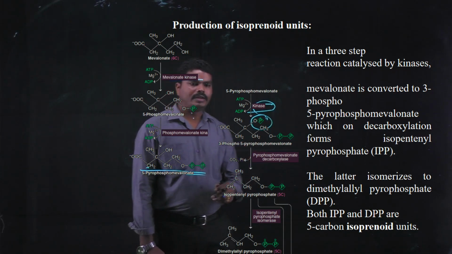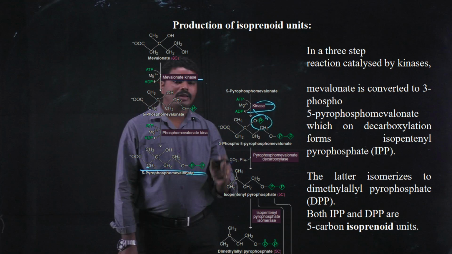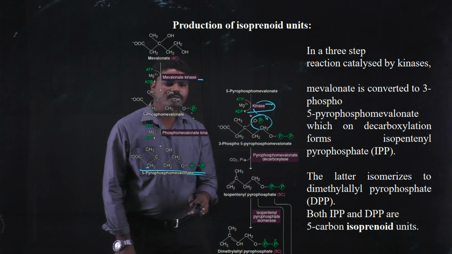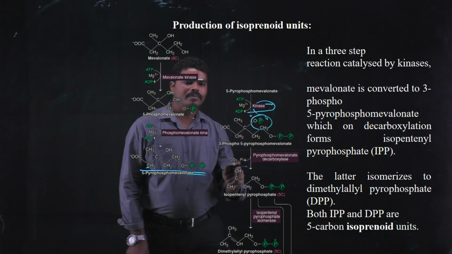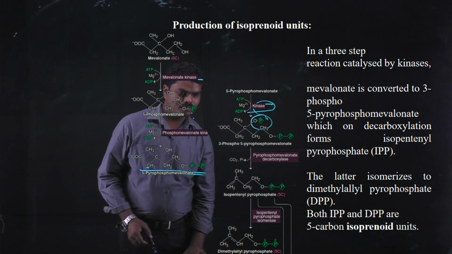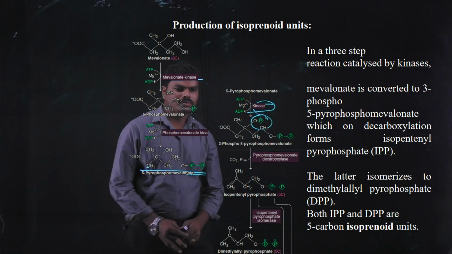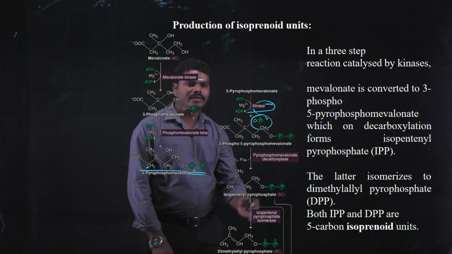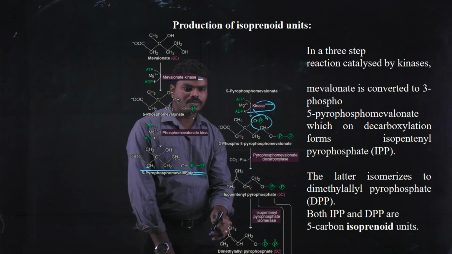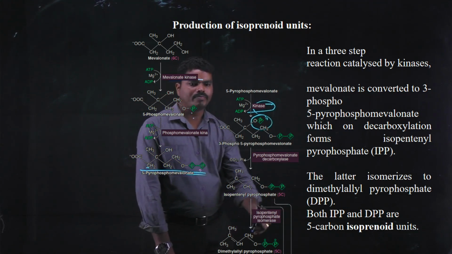And again this isopentenyl pyrophosphate will be converted to dimethylallyl pyrophosphate.